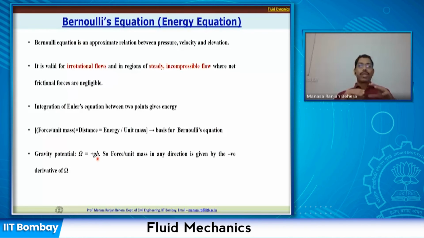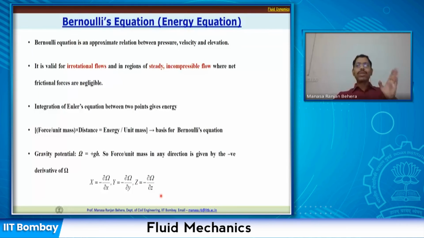We have already discussed this during the potential function, so I am not going to spend more time on this. The body force in the x direction is the negative derivative of the gravity potential, minus dou omega by dou x. Similarly, y is minus dou omega by dou y, and z is minus dou omega by dou z.